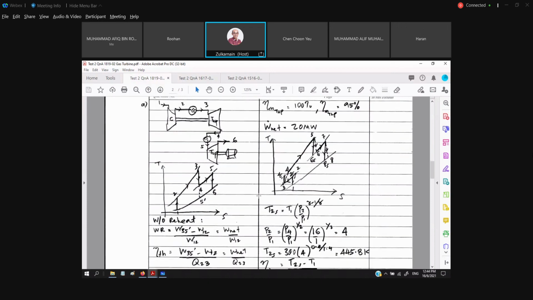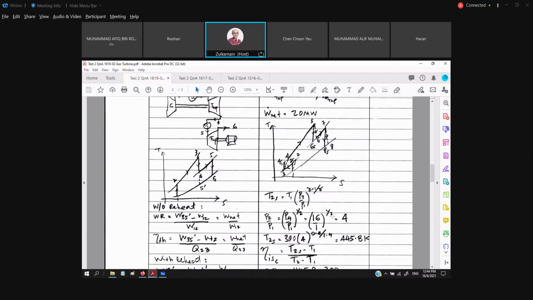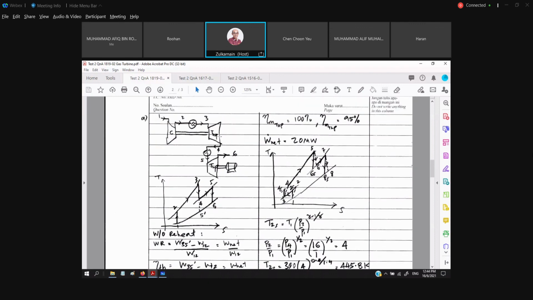If you look right here, this set is looking at the multi-stage compression with intercooler, and also the multi-stage expansion with reheat. So this is the diagram. One shaft, two shaft. We have compressor shaft, we have power shaft.